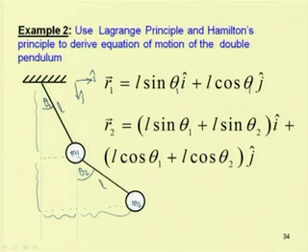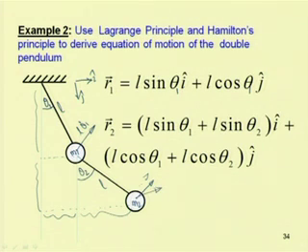Or one can directly also write the velocity of this. The velocity of this point is nothing but L theta 1 dot. And the velocity of this point will be the velocity of the first one, for which one can draw a line parallel to the first one, plus the velocity of this point with respect to this, which is perpendicular to this link.